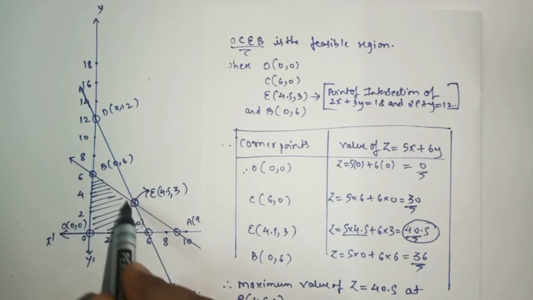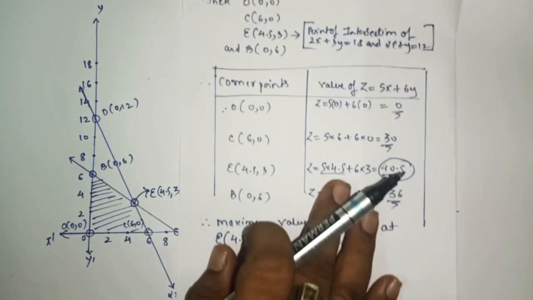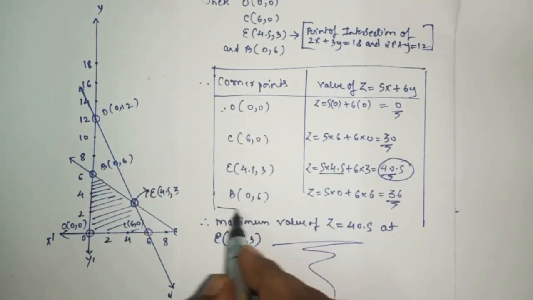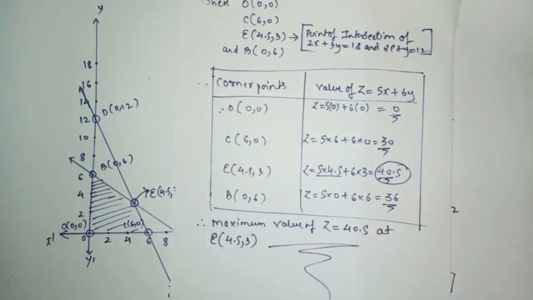After that you will write the feasible region, which here is O, C, E and B. After that the final step will be to draw a last box to find the value of z. Here you will write the corner points.